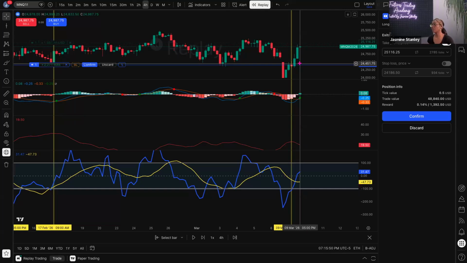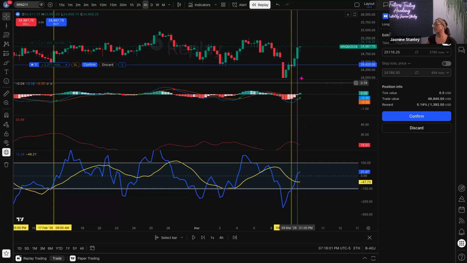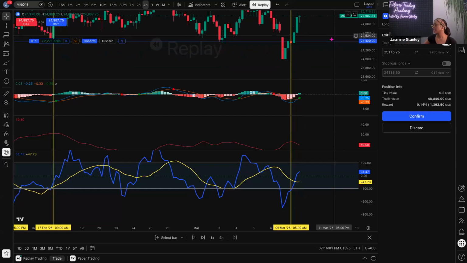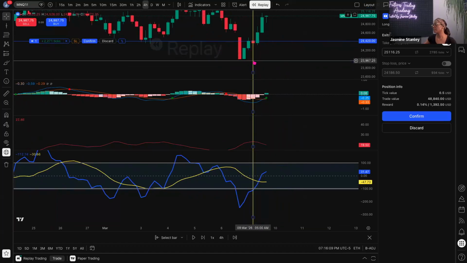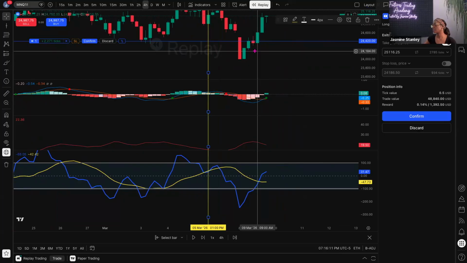So when you swing trade, you can make a lot more with a lot less. But you also need to risk more, meaning your stop loss will need to be bigger because you have to put it in a place. Even though we would have been risking underneath this candle, we would have been risking $800. But as you can see, this is where our stop loss was at.